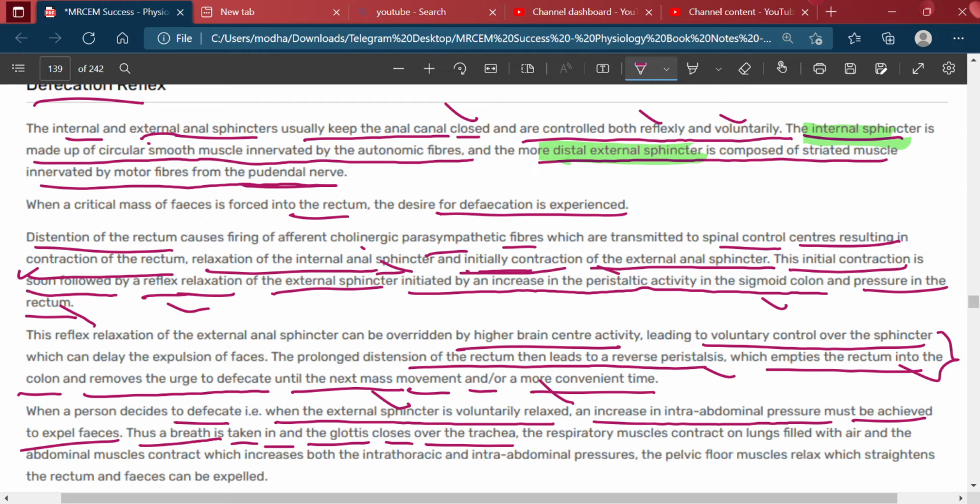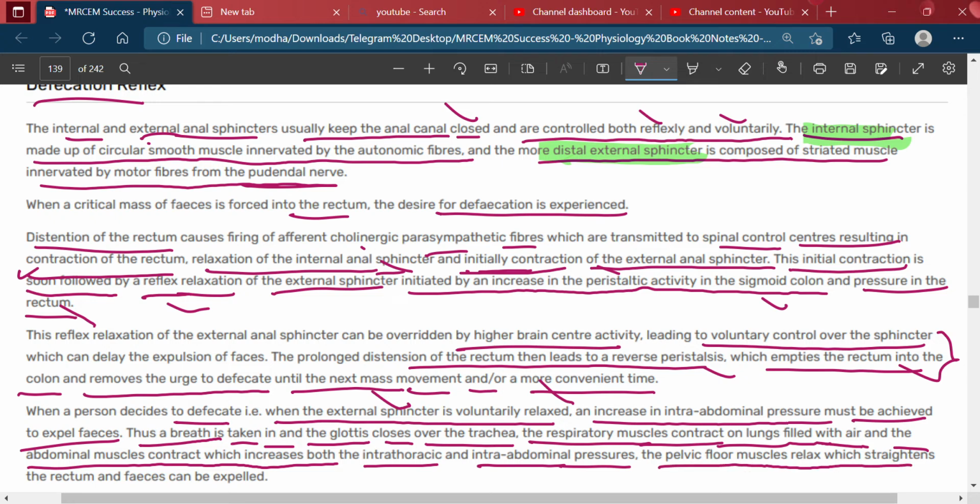The respiratory muscles contract on the lung filled with air. The abdominal muscles contract, which increases both the intrathoracic and intra-abdominal pressure. The pelvic floor muscles relax, which straightens the rectum, and feces can be expelled.